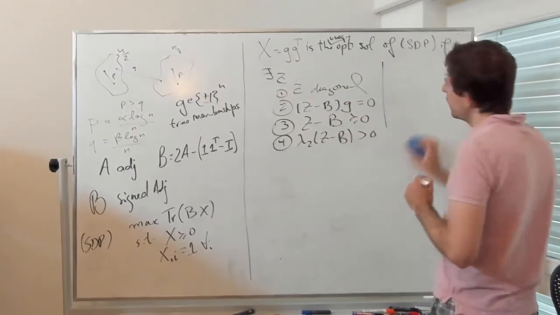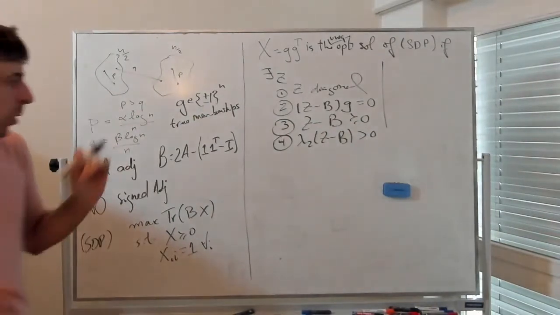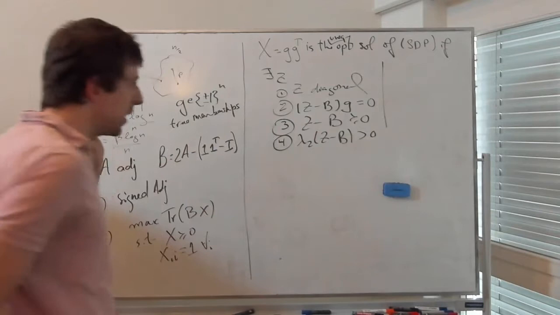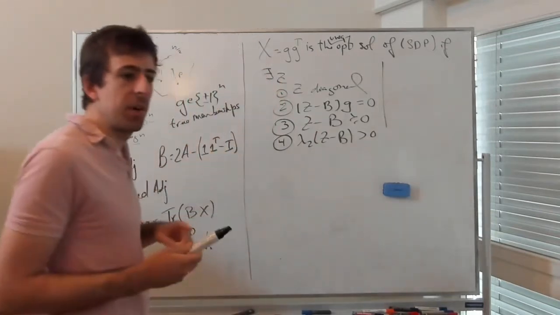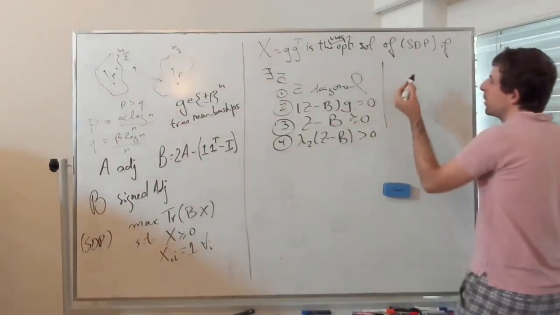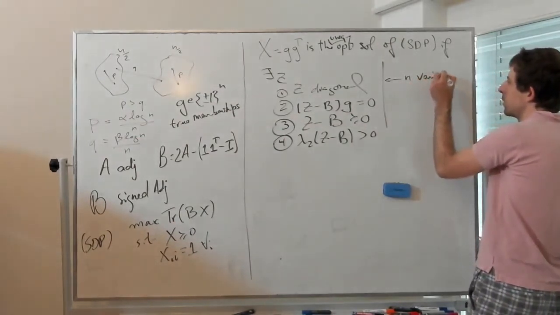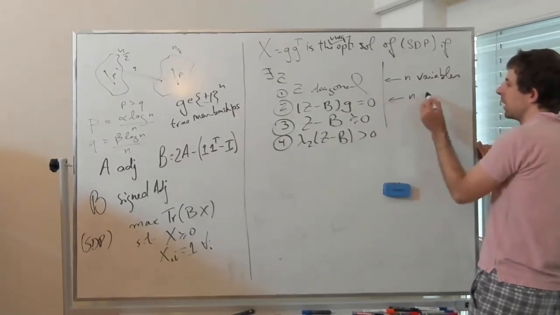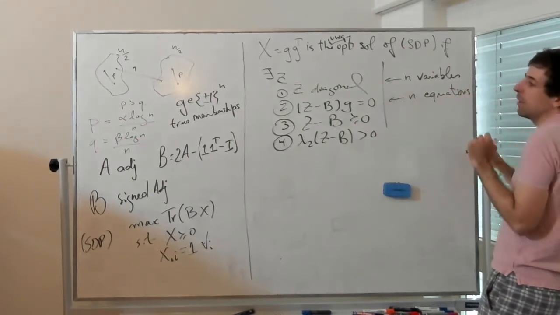Now, the strategy. We reduced the problem of proving whether the SDP exactly recovers the solution to finding a Z that satisfies these properties. Here we have basically n variables and n equations, because since the matrix is diagonal, it has n variables.